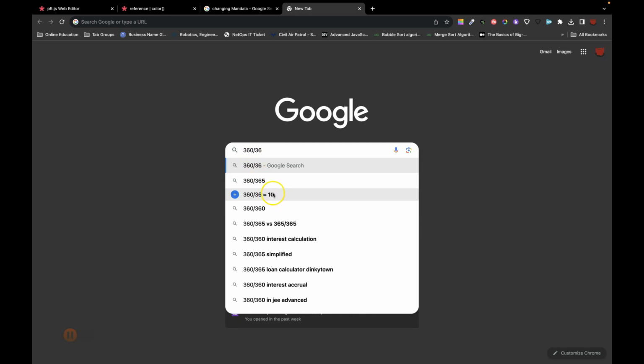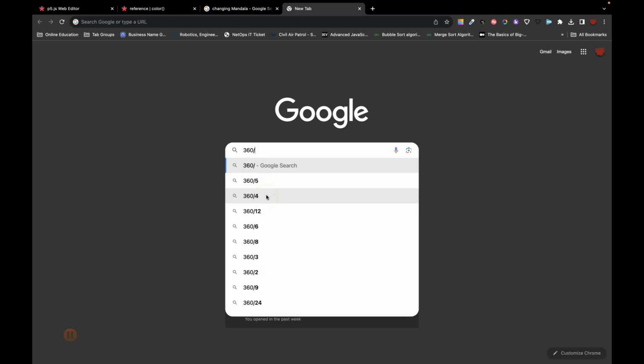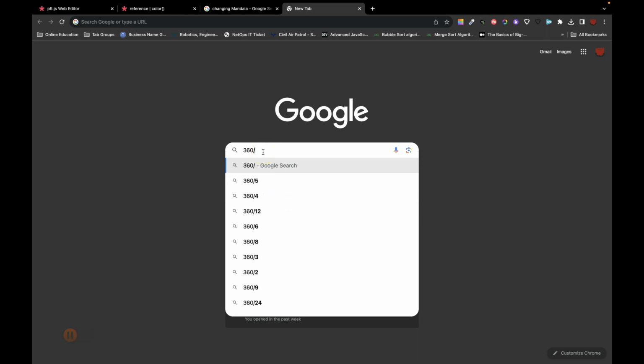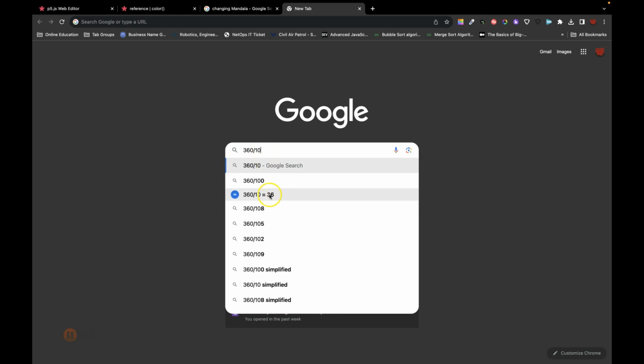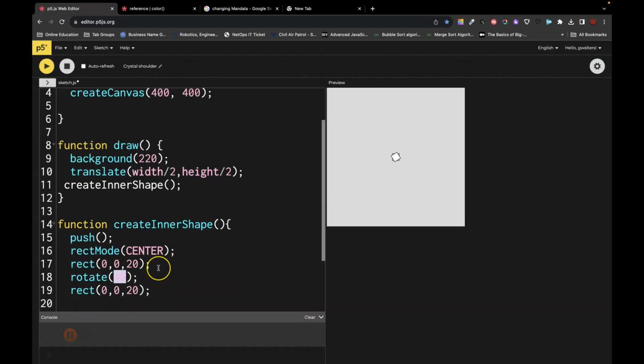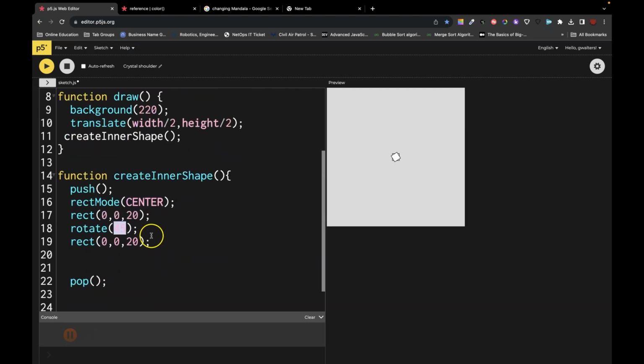A whole number is what I'm looking for, then I know that it is actually divisible. So if I did, say, 12, that's going to give me 30. If I do 10, that's going to give me 36. So I can play around with these values, and as long as I have something that's divisible, that could be the number of shapes that I'm going to have in that ring or that set. And that's where I could draw some stuff.